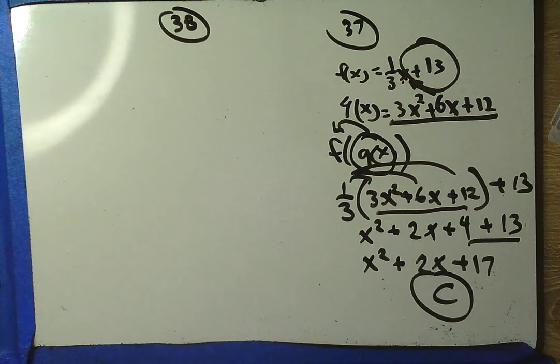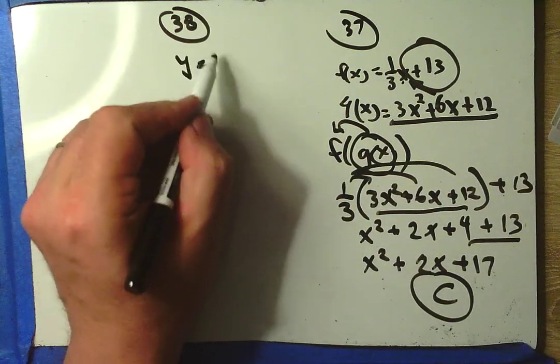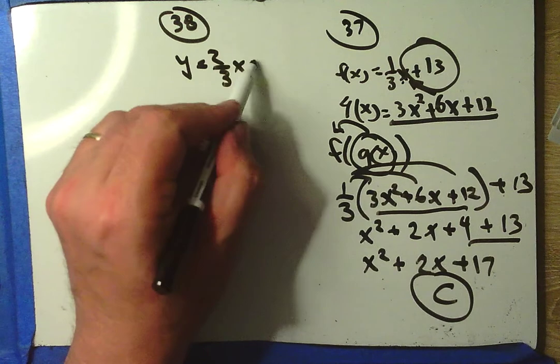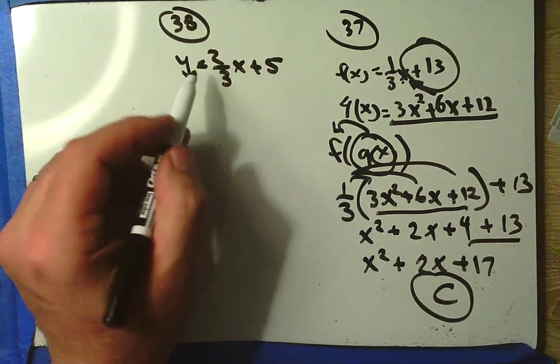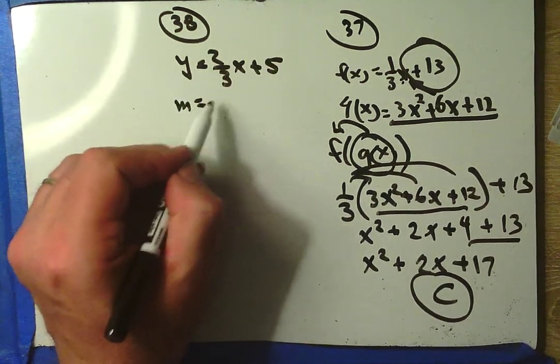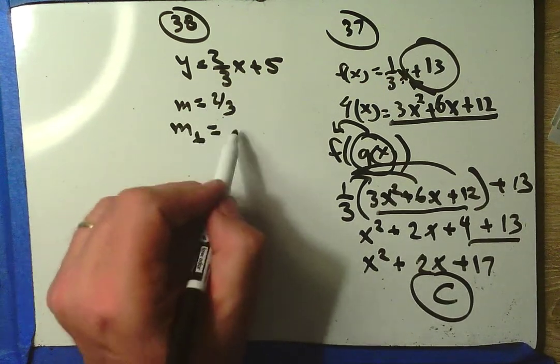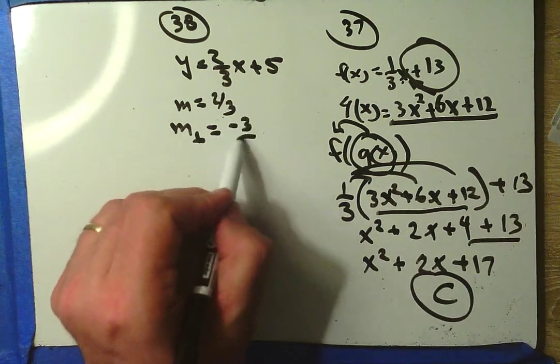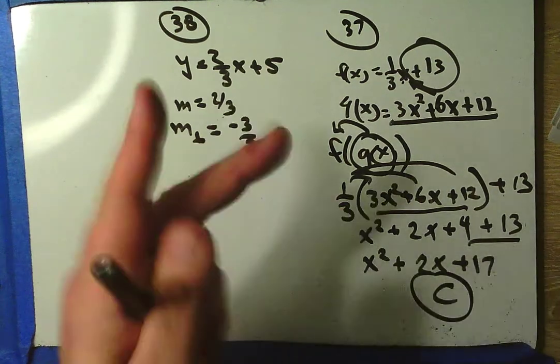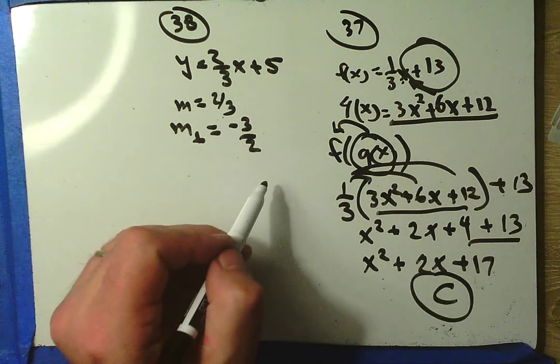Okay, 38 says, what is the equation of the line that is perpendicular to y equals 2/3 x plus 5? So I see the slope here is 2/3. So I know from day 2 of this year, the slope of the perpendicular is the opposite reciprocal. I have to flip and change the sign.